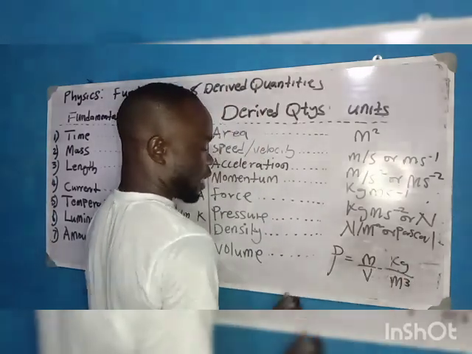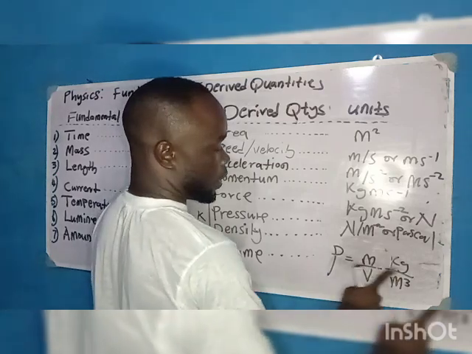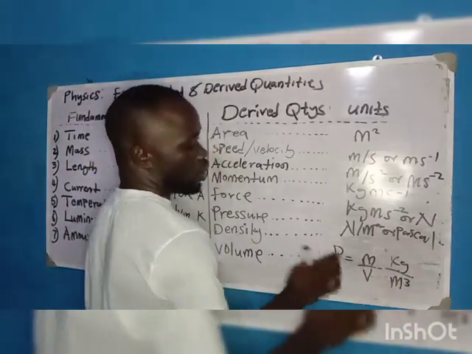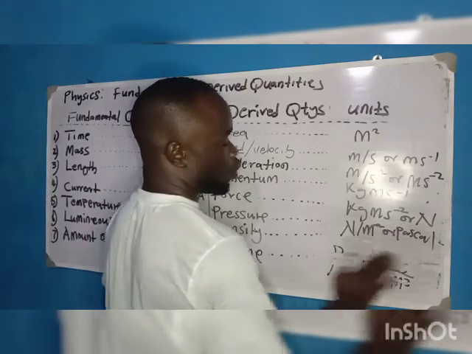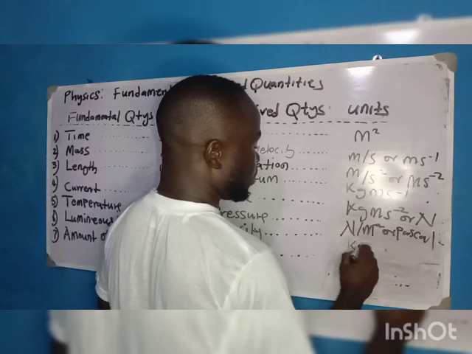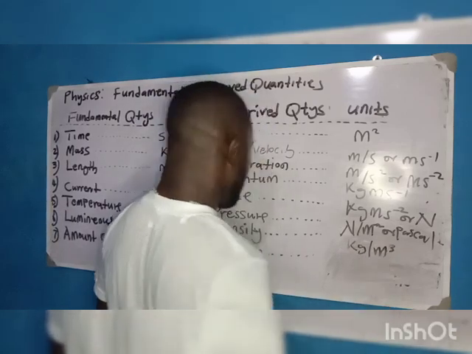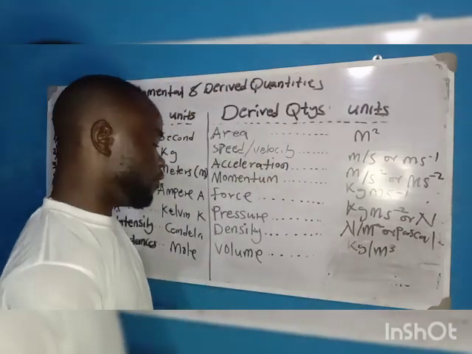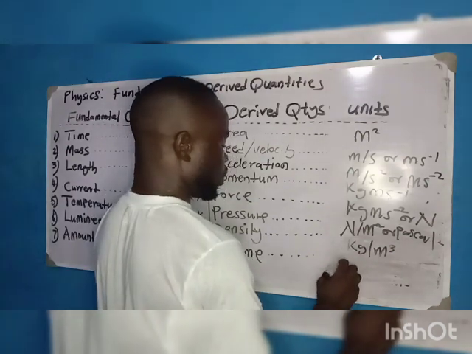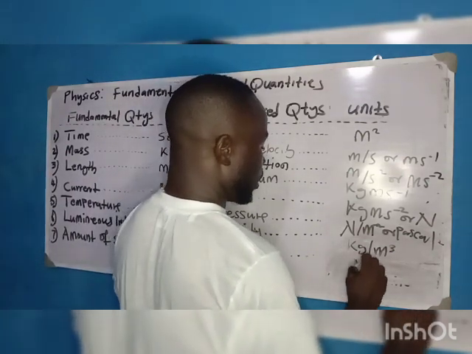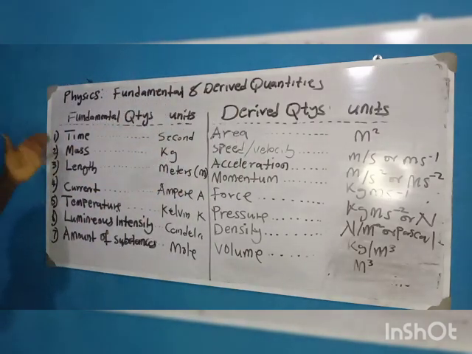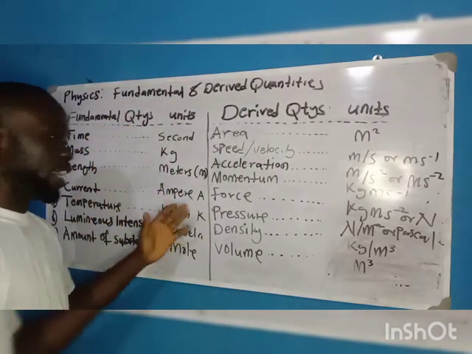So the unit of density is kilogram per meter cube. And the last but not the least, we have volume. The volume of a substance has a unit of meter cube. So these are the fundamental quantities and derived quantities and their units.